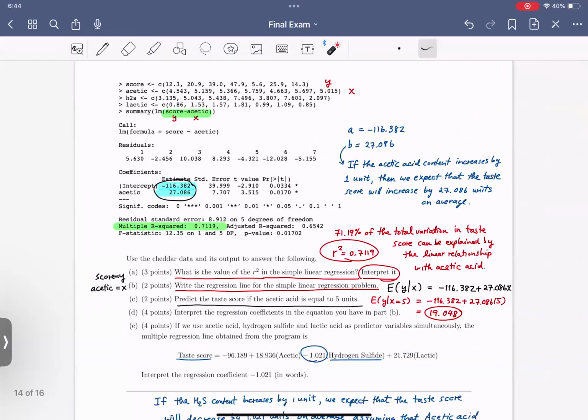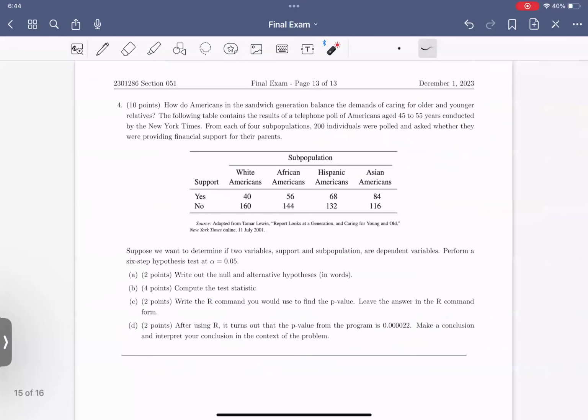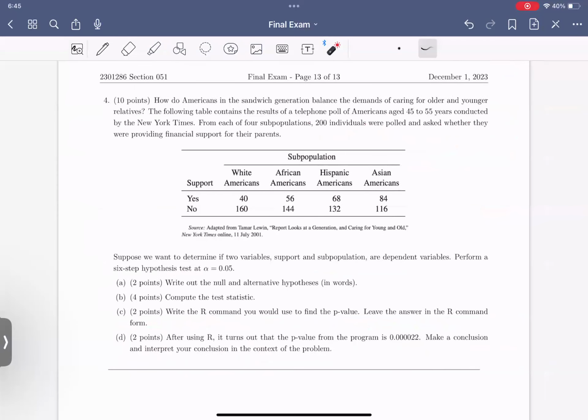So be sure to study the regression as well, because this is going to be on the exam as well. All right. So we came to the last question, here before we end the clip. This is the test of independence question. How do Americans in the sandwich generation balance the demand of caring for older and younger relatives?